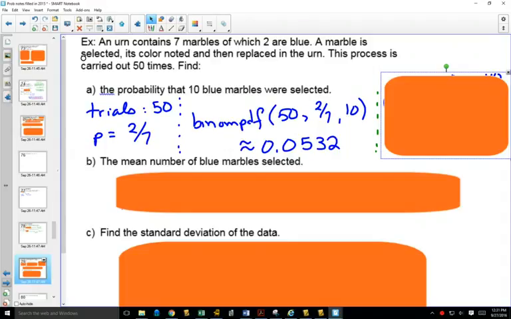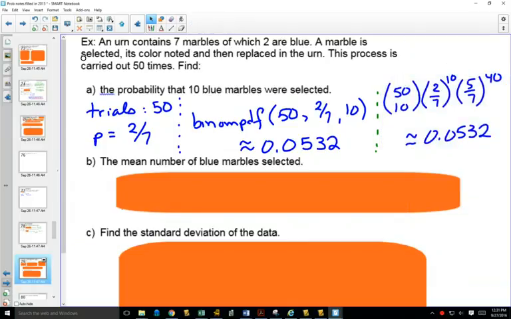And I was curious, if I used the formula, at what point would some of these numbers get so big that the calculator would not be able to calculate it? Because 50 choose 10 is a very big number. Doing 5/7 to the power 40 is a very big number for your calculator to calculate. But the graphing calculator was still able to do all of those calculations.